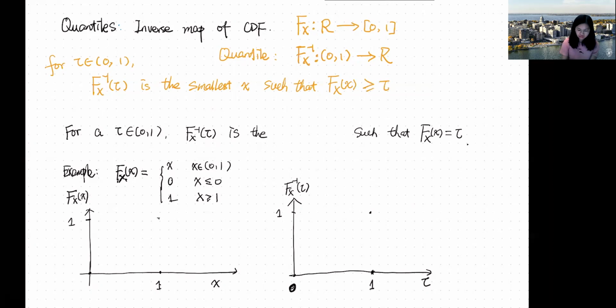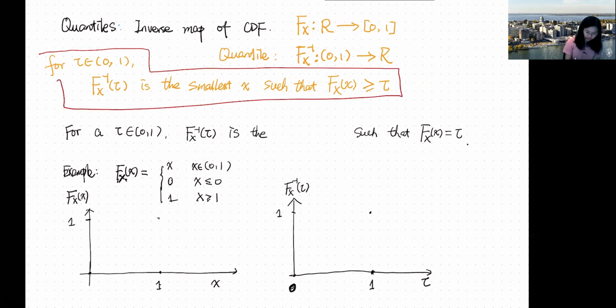So this is the definition of the quantile function.